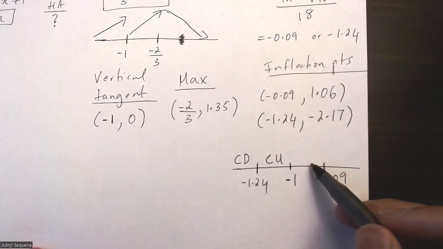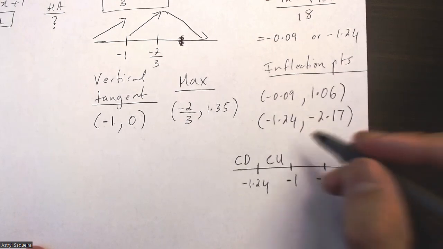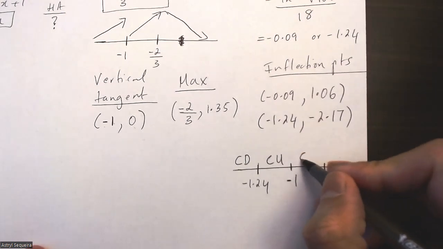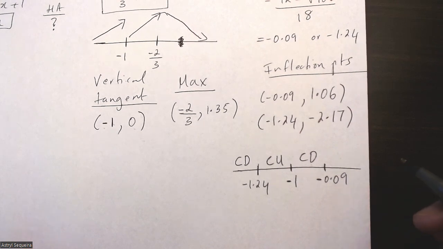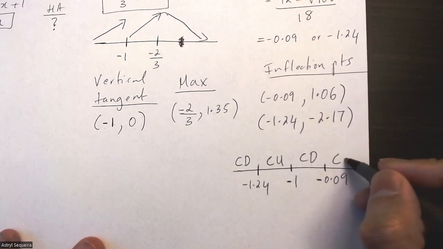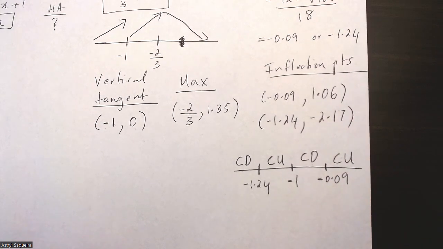If I pick negative 0.5 and sub it into the second derived equation, I will get concave down again. And if I sub in 0 into the derived equation, I'll get a positive value, which is concave up.